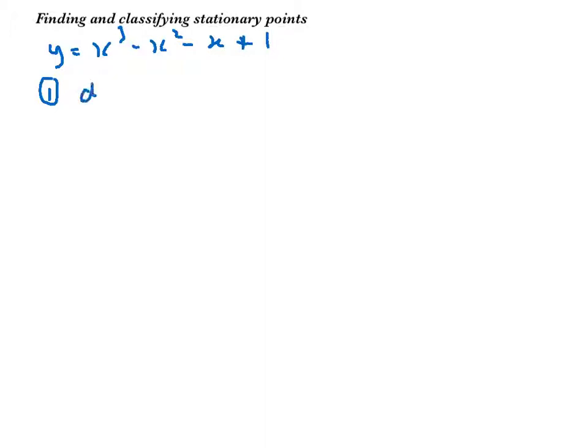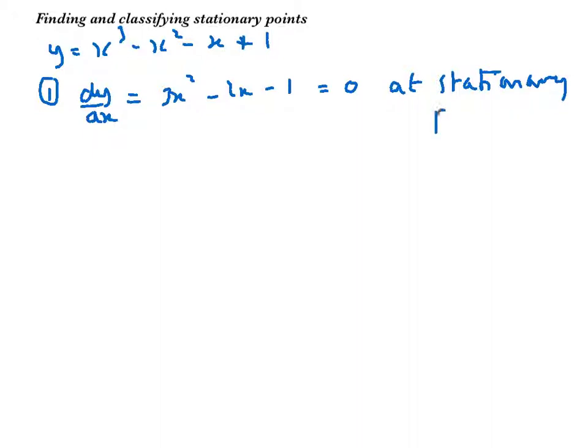The first step, we're going to differentiate this. So we get 3x squared minus 2x minus 1. We're then going to set it equal to 0, because remember, at stationary points, dy over dx equals 0. Okay, so you must write this down, because this gradient function does not always equal 0 at all, does it?